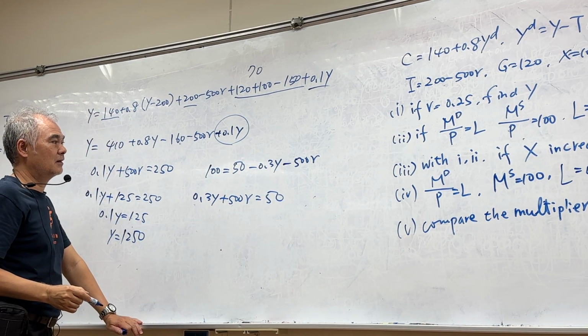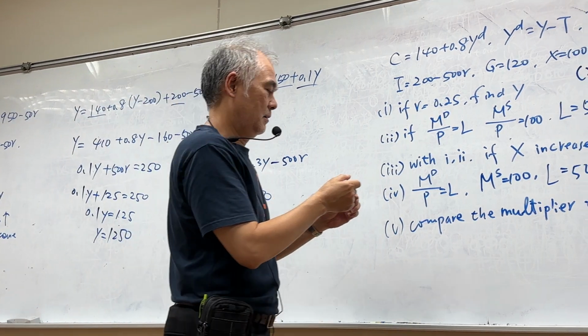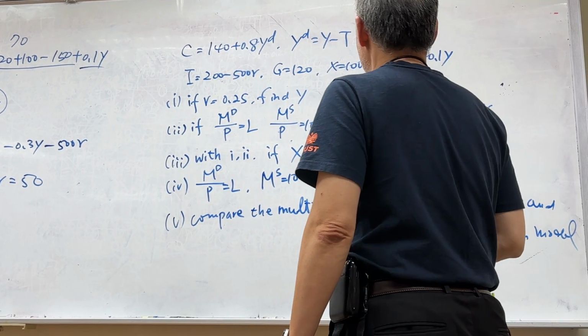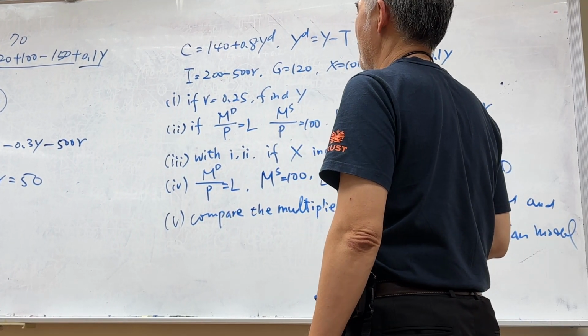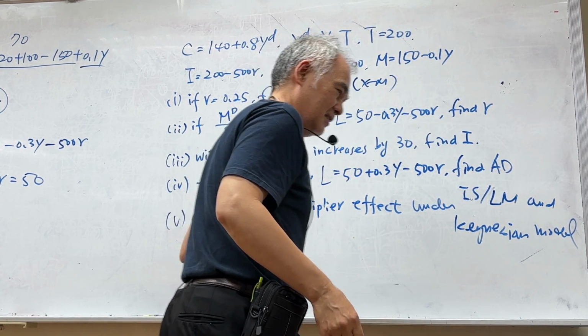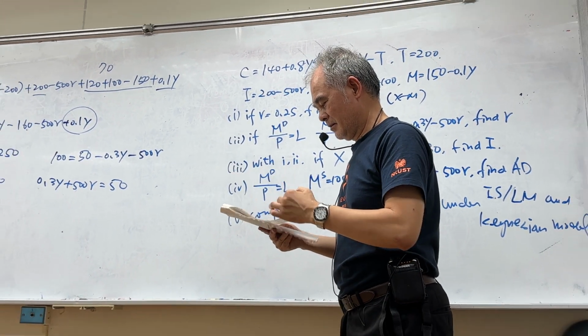Negative 50? What's wrong? Do I get anything wrong here? Hold on.